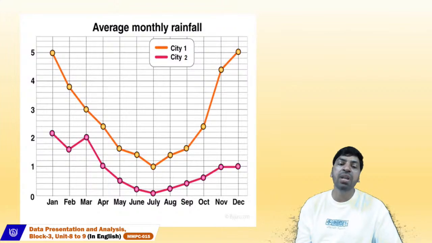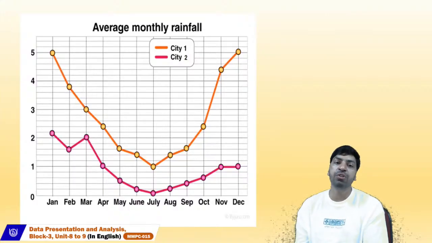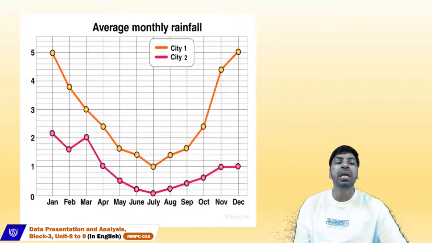And after July, the monthly rainfall steadily increases till December. So this is how the line graph has been drawn and shown in the form of a graph paper.